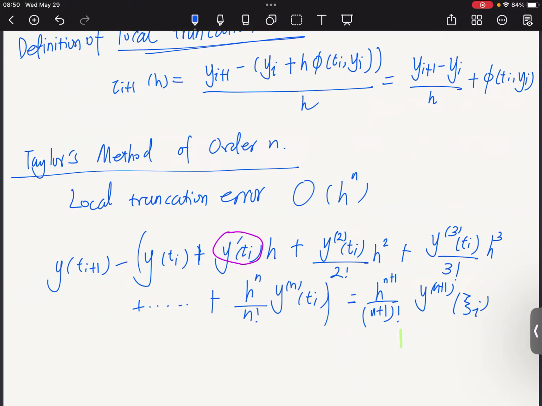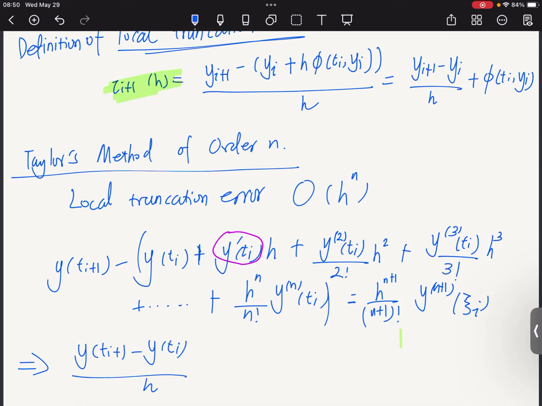Then I'm going to divide both sides by h, and I arrive at these expressions, the local truncation error expressions here. So at the end, you would get (y(t_(i+1)) minus y(t_i)) divided by h.